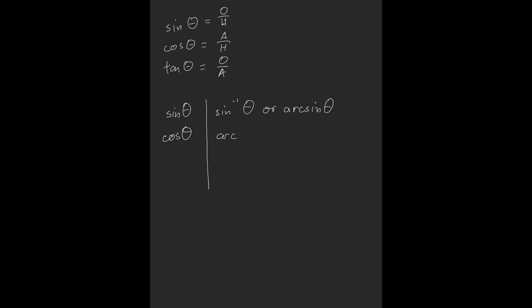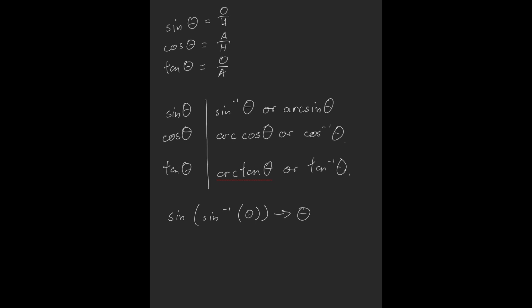Cos theta has arc cos theta, or cos -1 theta. And tan theta has arctan, or in this case, tan -1 theta. All of these functions, when applied to their inverse functions, will just yield the original degree.